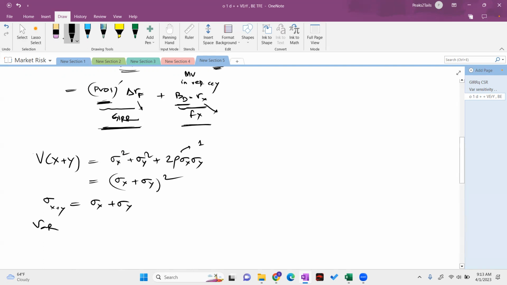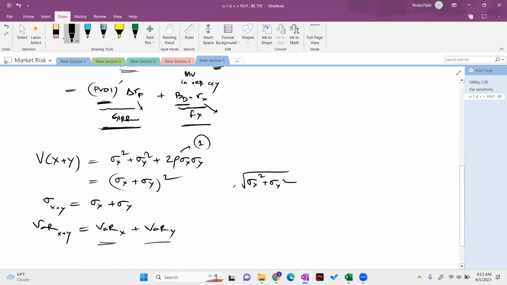Value at risk of x plus y, the portfolio, is value at risk for x plus value at risk for y. Simply you're adding the capital charges. When correlation is 1, there is no diversification benefit. If you have 0 correlation, you actually get the square root of sigma x square plus sigma y square.